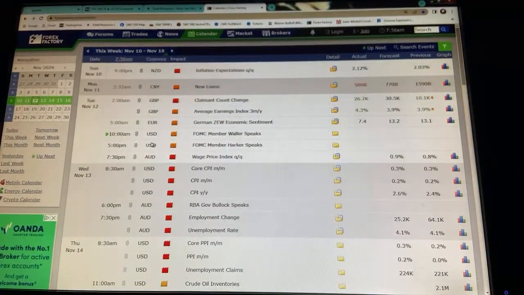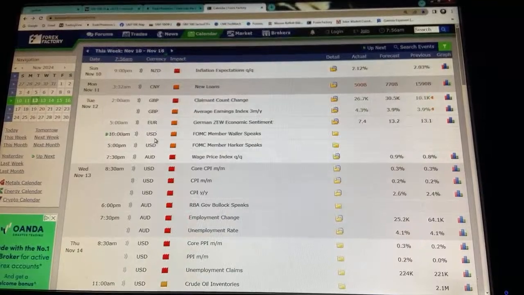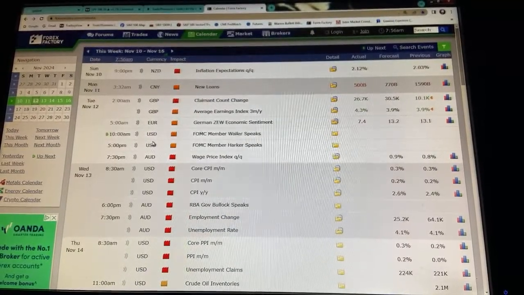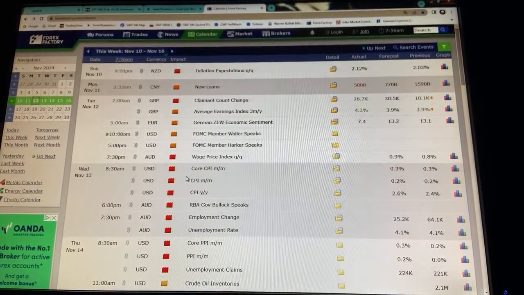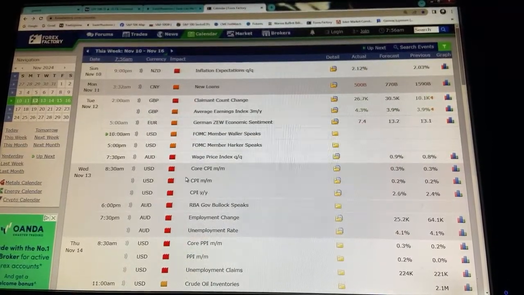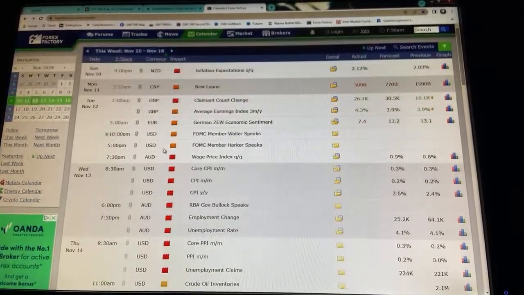Noteworthy things here for news. I don't think anything is going to top last week. We had the Fed, we had the election. A lot of central banks came out with their rates, including the U.S. So last week was insane, and the price action shows that.